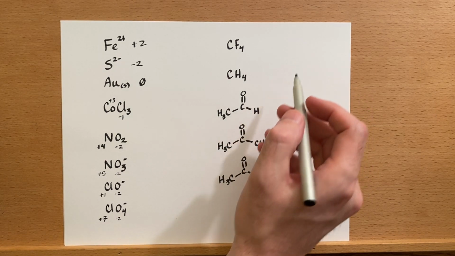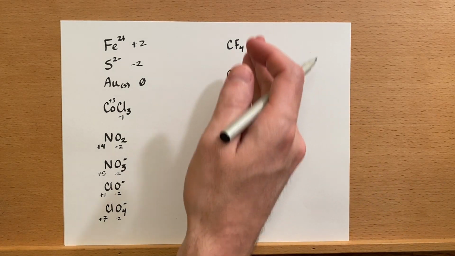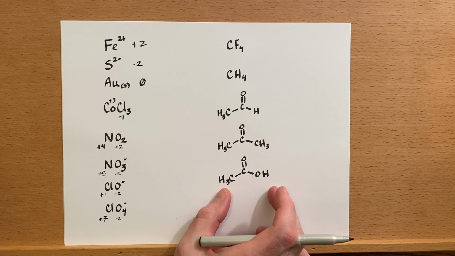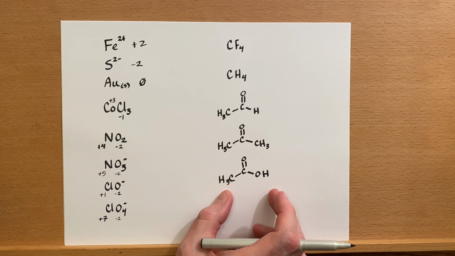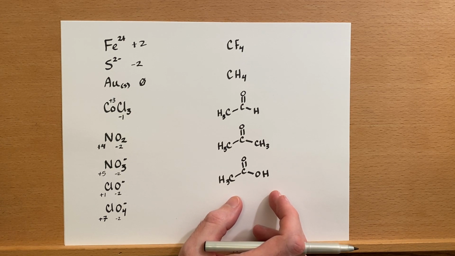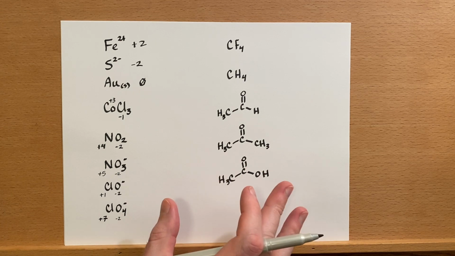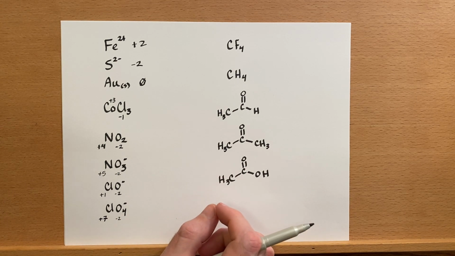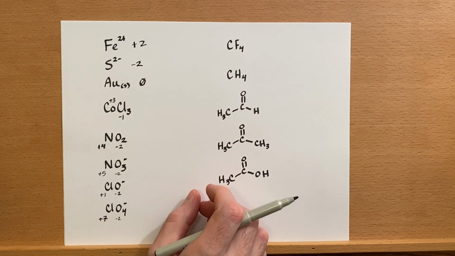Now let's come up and do something that's a little bit different. Over here, these are organic compounds. Now, it's possible to assign oxidation numbers to the carbons in the organic compounds, and sometimes this is a useful thing to do, and other times it's kind of a little bit made up. And I'll illustrate how it's a little bit made up with these first two compounds here.